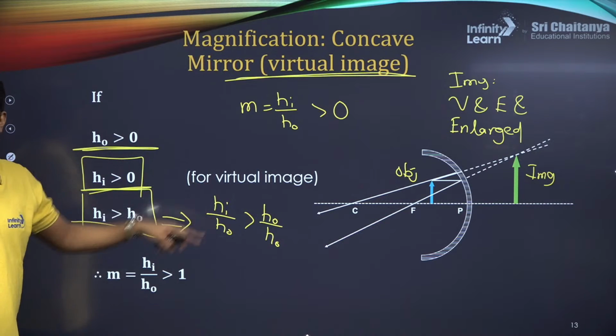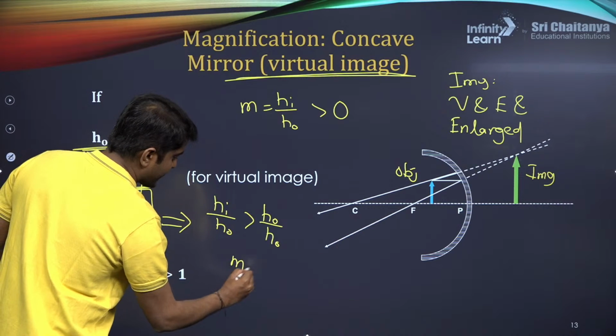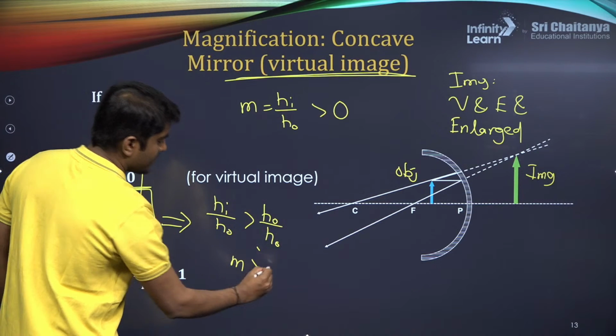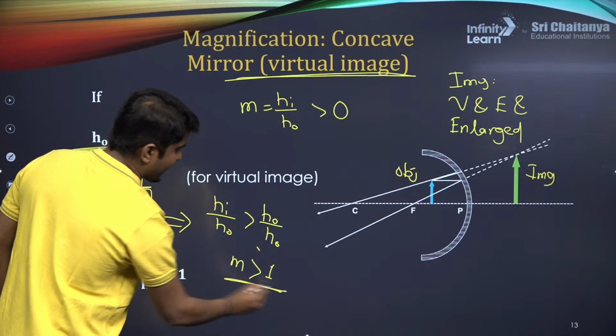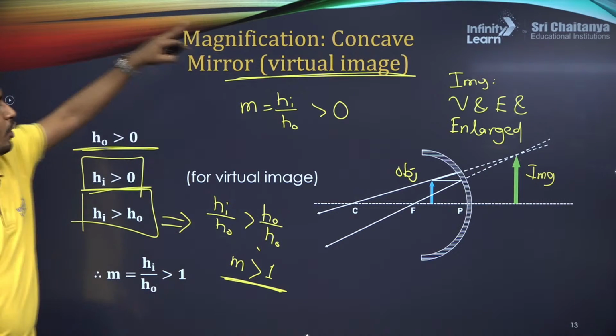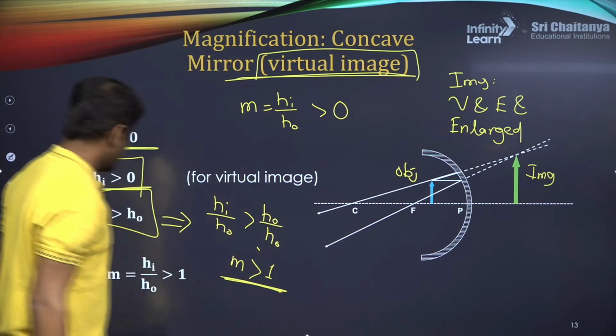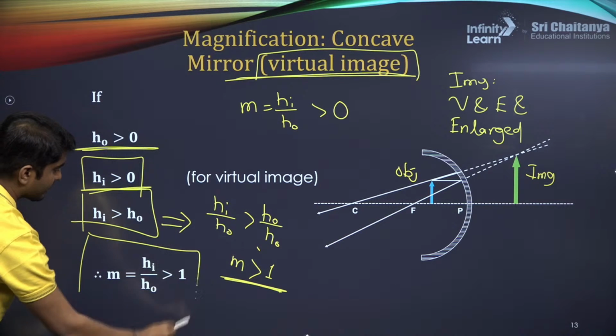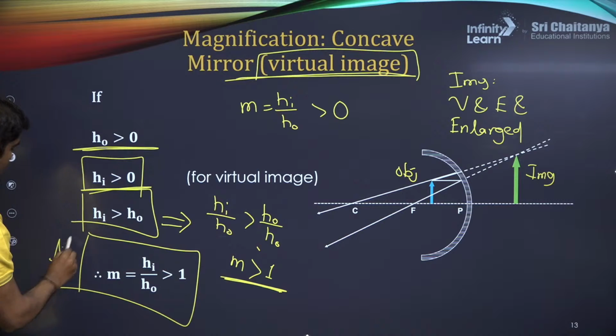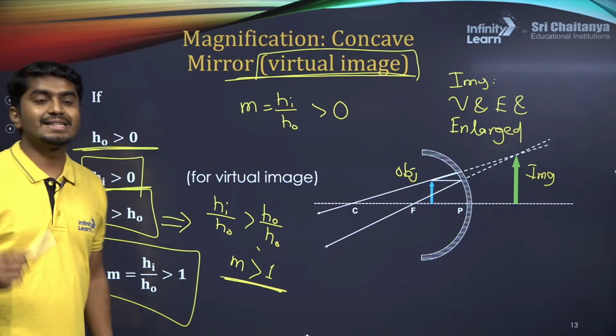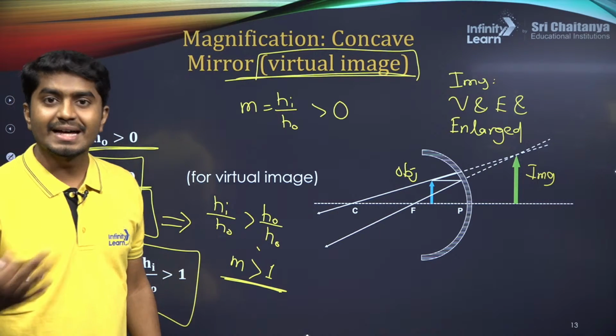This ratio is our magnification. And the other side is simply 1. So the magnification for the concave mirror when the image is a virtual image is always greater than 1. Always greater than 1.